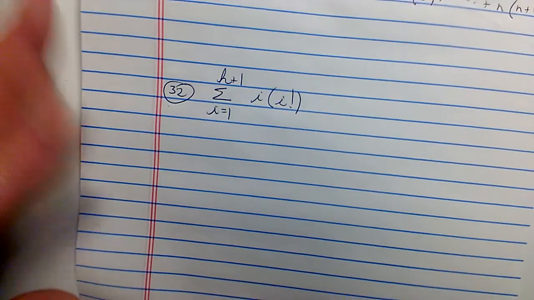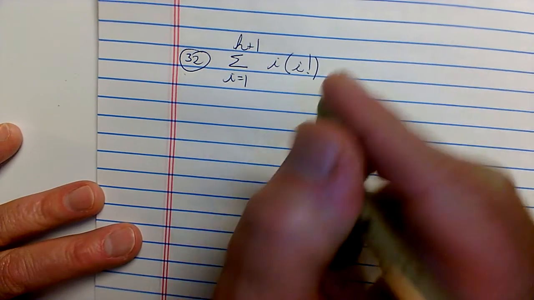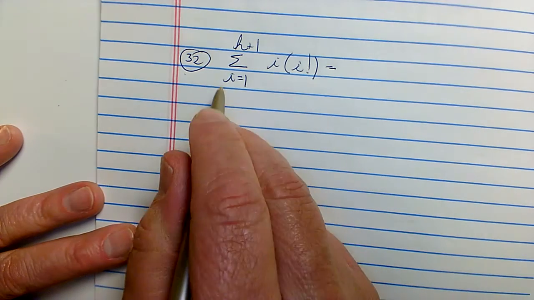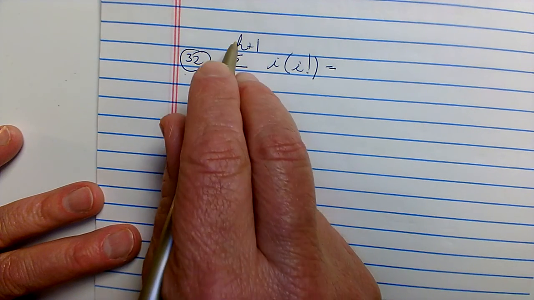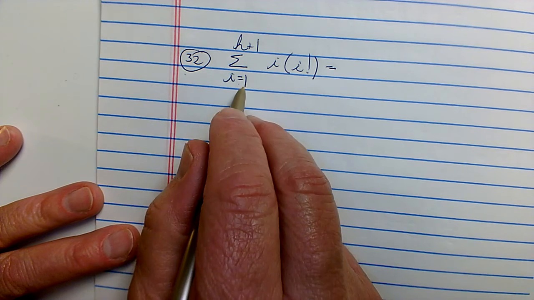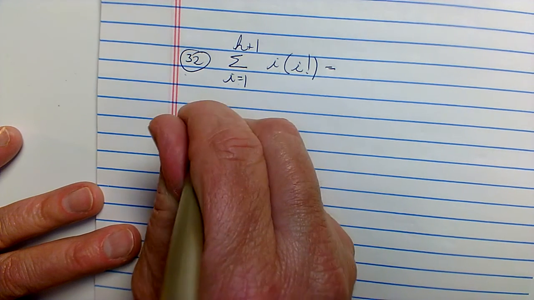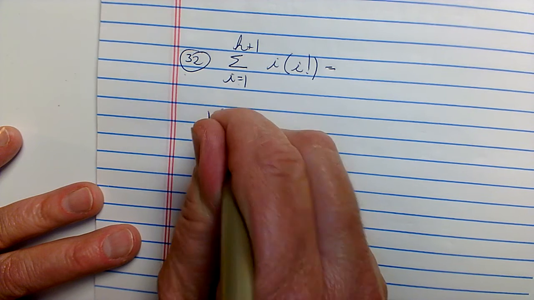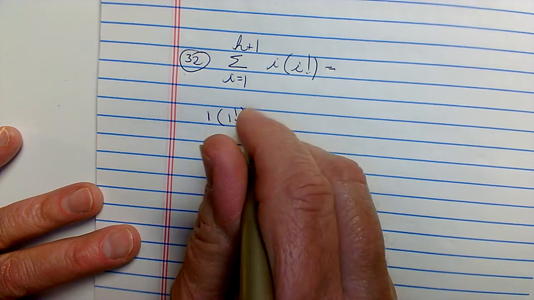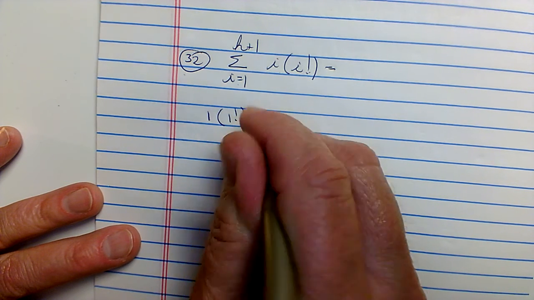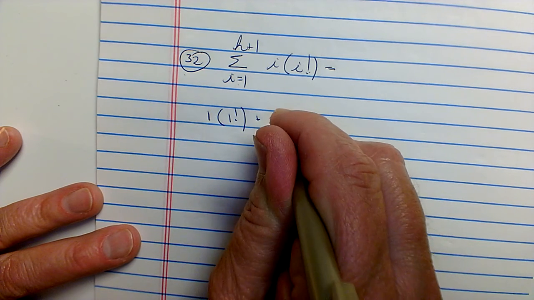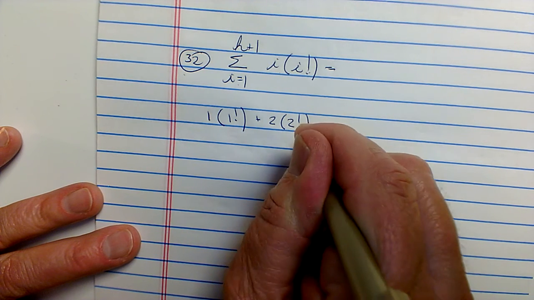Let's try another one that has factorial notation. Here we're starting at 1 and we're going to k plus 1. So when we start at 1, the first term is going to be 1 times 1 factorial. The next one is going to be 2 times 2 factorial.